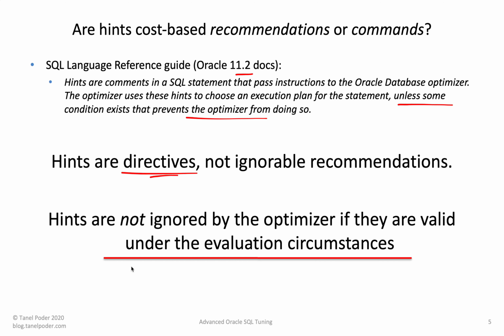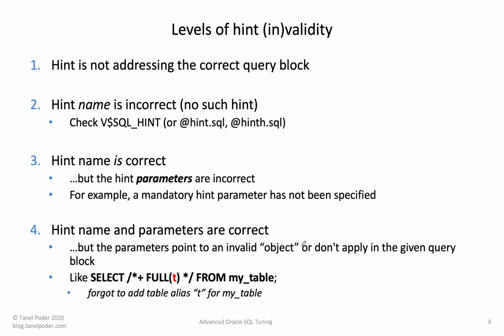In the end, when we get to more complex scenarios, we'll talk about how a hint can be invalid under some evaluation circumstances. I'm just going to go through, as a reference, what we are now going to demo and hack. I have two slides here.